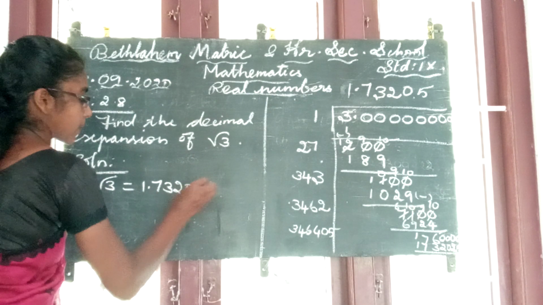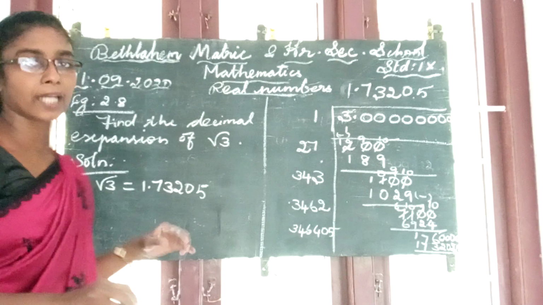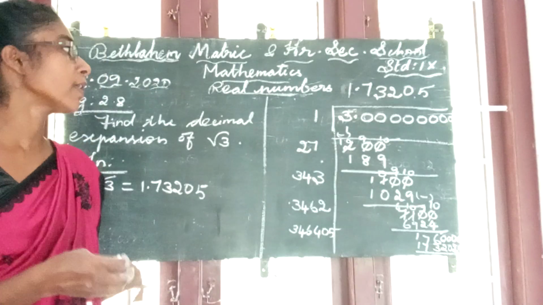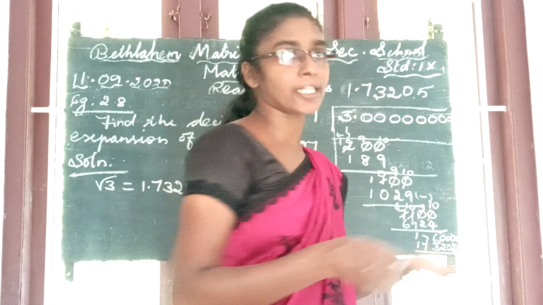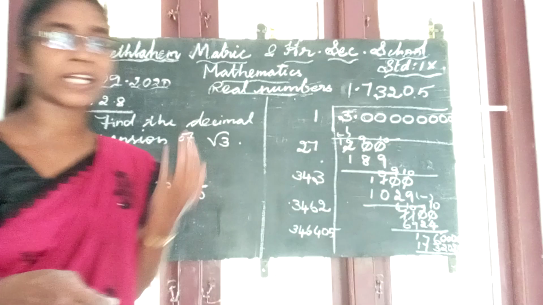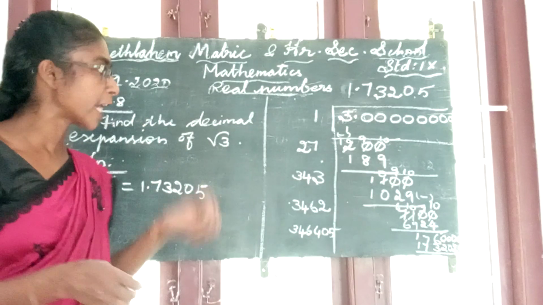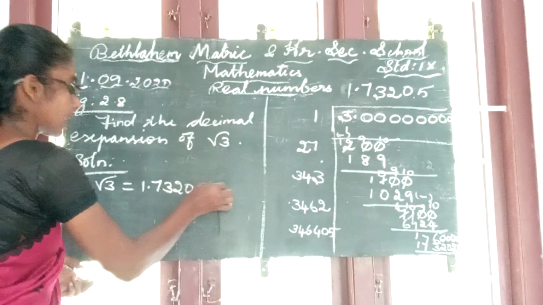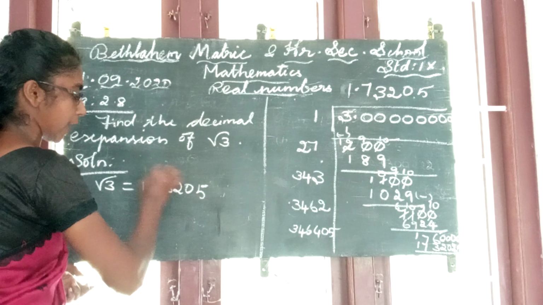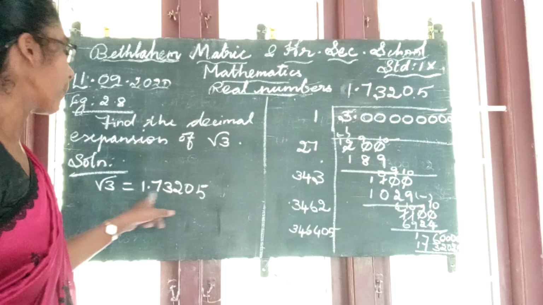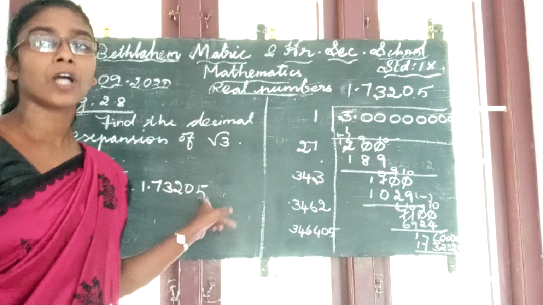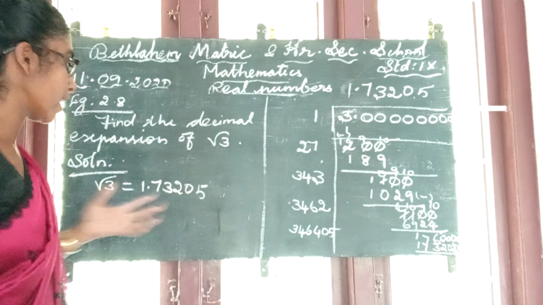Can you write a bar like that? We cannot write it. Why? We cannot predict the next digit. What digit will come, we cannot predict. If we could predict, then if 73205 came again, we could write 1.73205 with a bar. Here we cannot write it.